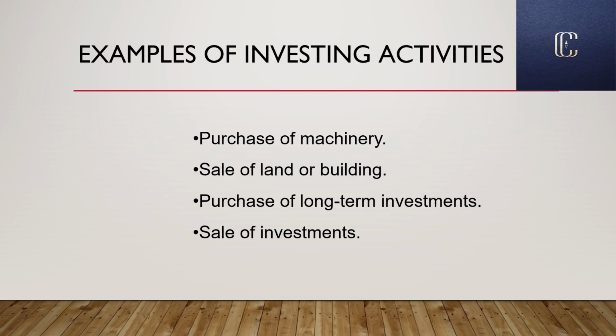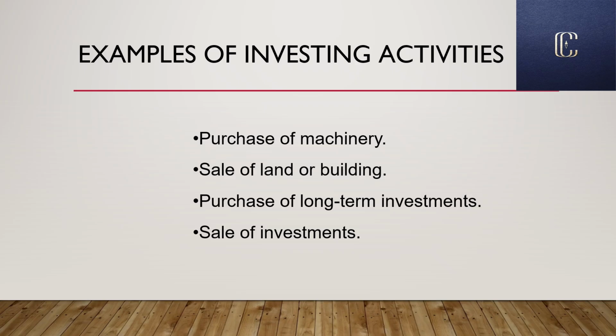The third general example is the purchase of long-term investments. If a company buys shares, bonds, or investments for long-term holding, cash is used. For example, an investment purchased for rupees 2 lakh leads to a cash decrease. The fourth one is the sale of investments. If investments are sold, cash comes into the business.